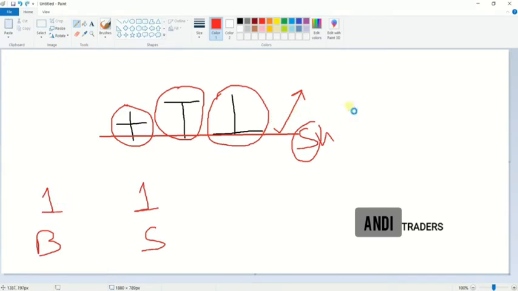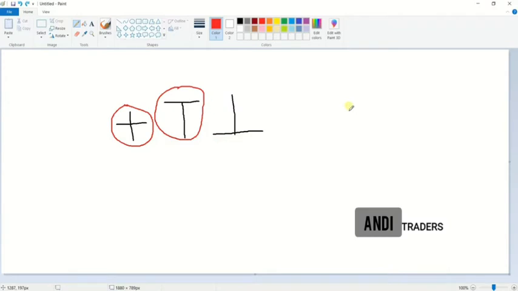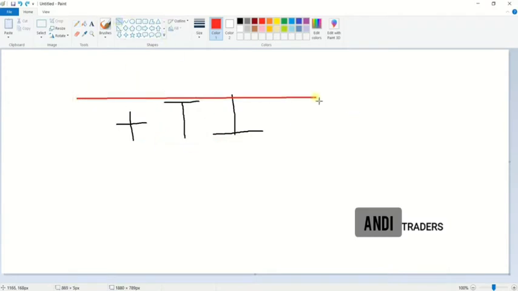So if we have any support level, the buyers will enter, and if we see any resistance level, it means this is a seller's area, and after this candle the sellers will enter the market, and we can expect a seller's entry.